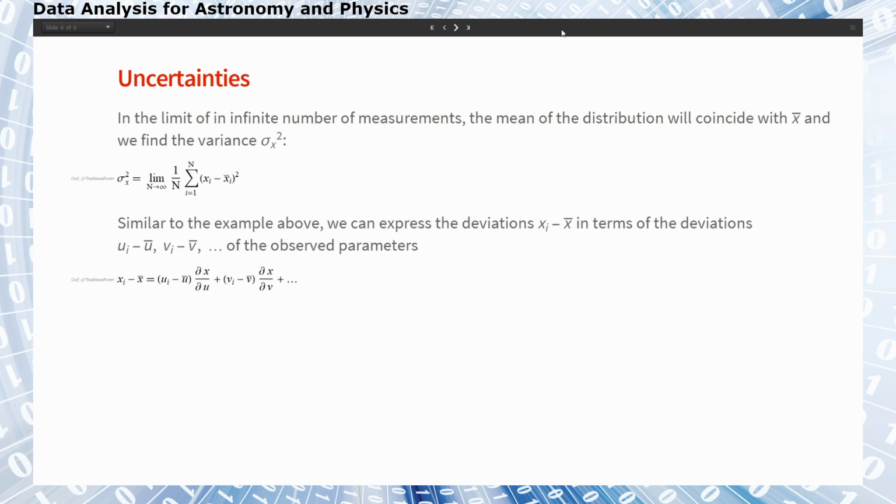And similar to the example, we can now express the deviations of our measured x minus the mean value in terms of the deviations of the u and the v values of the observed parameters. So the deviation of xi minus x bar equals ui minus u bar times the derivative of x with respect to u plus vi minus v bar times the derivative of x with respect to v, and so on for all the other parameters. And here this is a mistake. This should be left out.